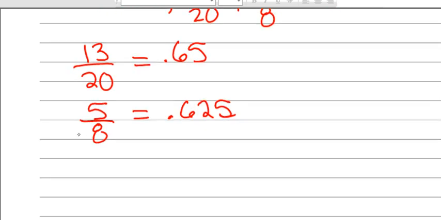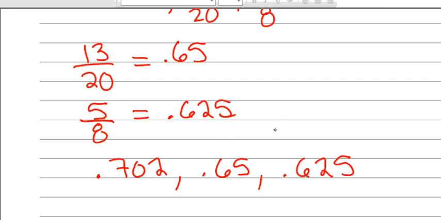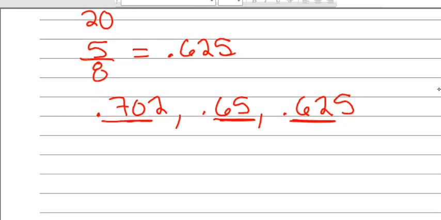So we've got 0.702, 0.65, and 0.625. So we want to put them in order. Looking at them, 0.625 is smallest because of the 0.62.